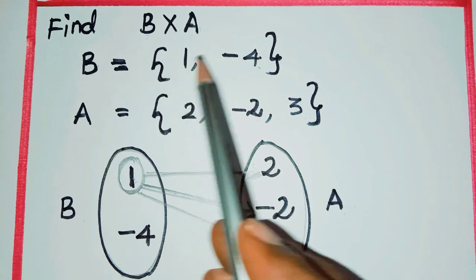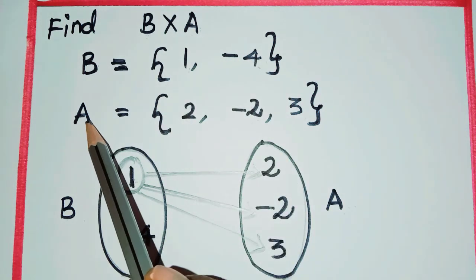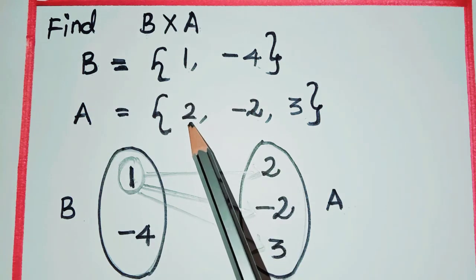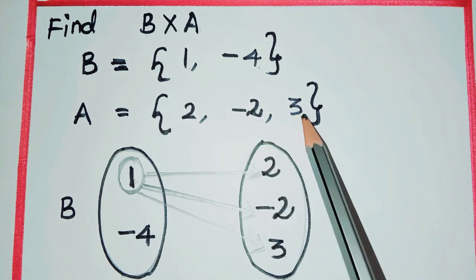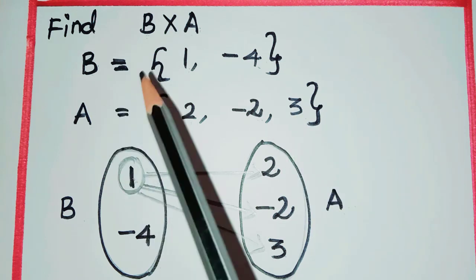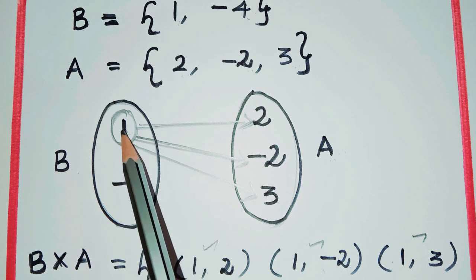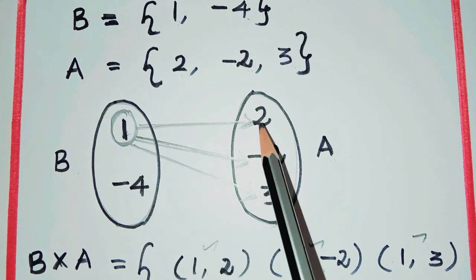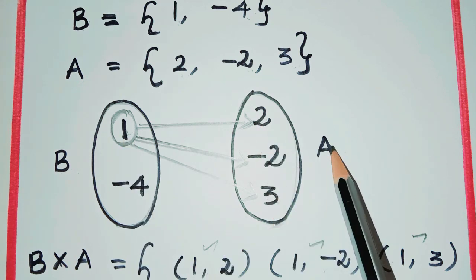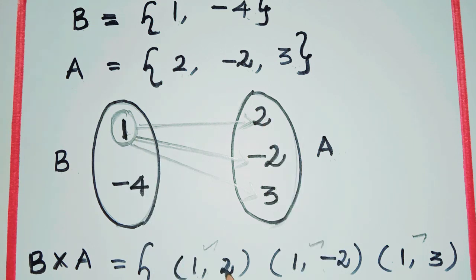B set has 2 elements, 1 comma minus 4. A set has 3 elements, 2 comma minus 2 comma 3. So find the Cartesian product of B with A. The B set's first element, 1, is paired with the 3 elements of A. So 1 paired with 2, that is 1 comma 2.